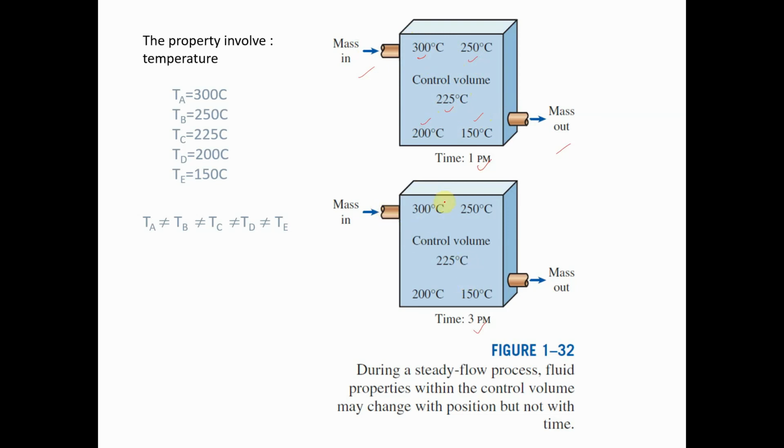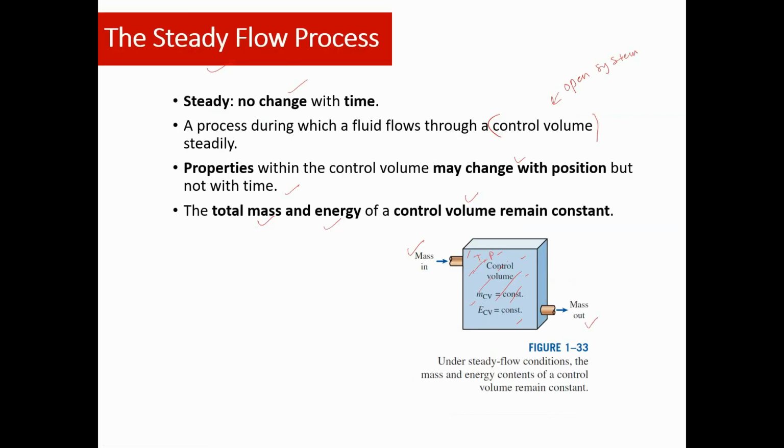At 3 p.m., the temperature is again different within the same system, but it remains the same at a specific point. Regardless of this, at the end of the day the energy and the mass remain the same, and they are not affected by time, only by position inside the system. So that's what you need to know about the steady flow process.